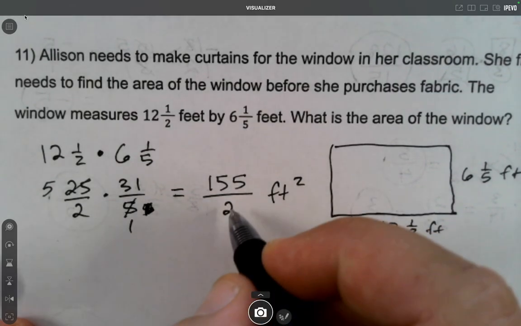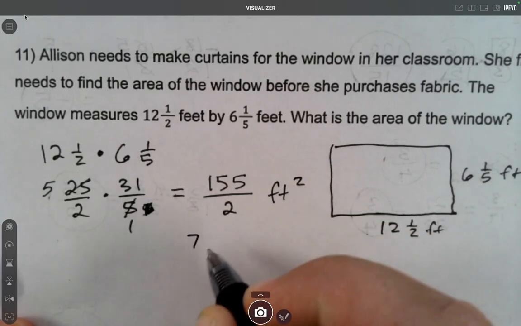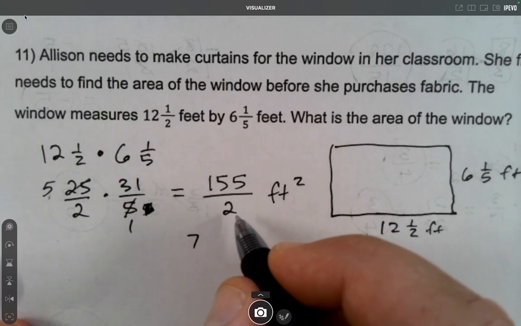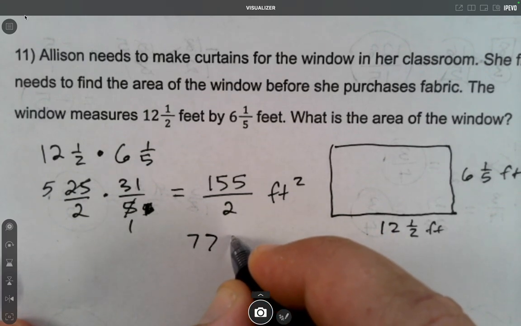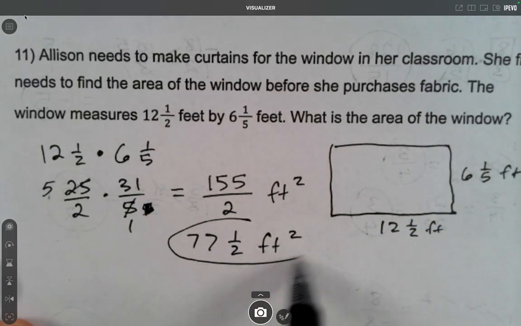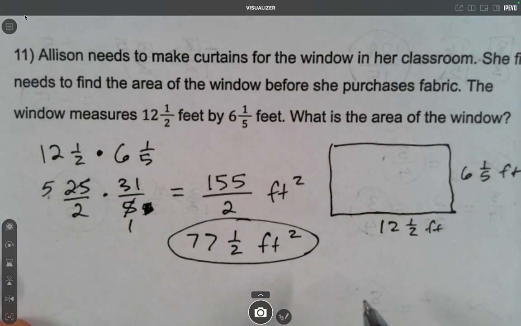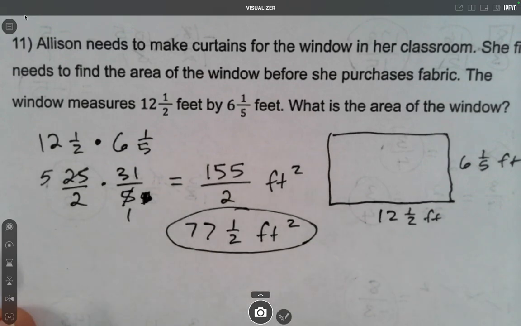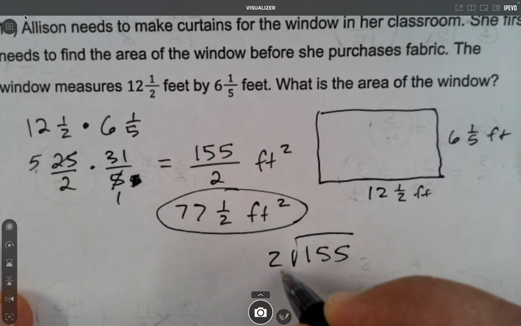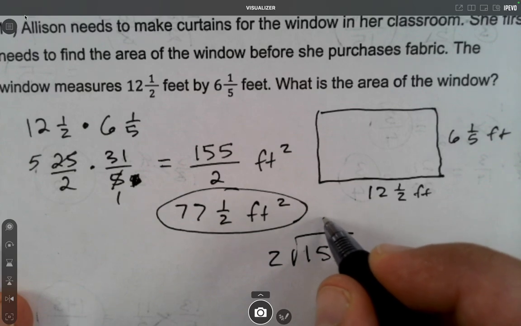So 2 goes into 15 7 times, have a remainder of 1. 2 goes into the other 15 7 times, remainder of 1. So it'd be 77 and a half square feet, because basically 2 goes into 155 77 times with a remainder of 1.